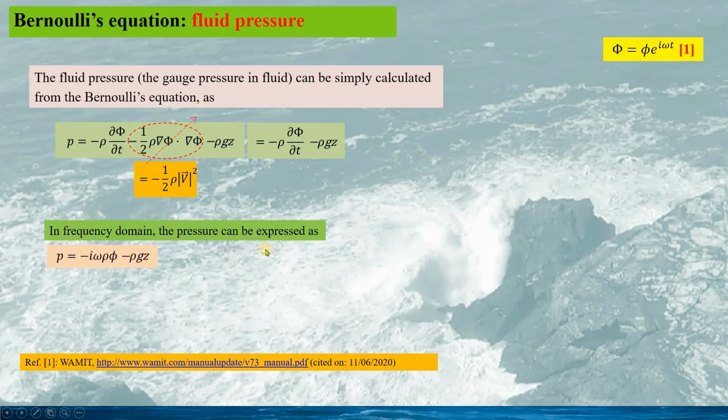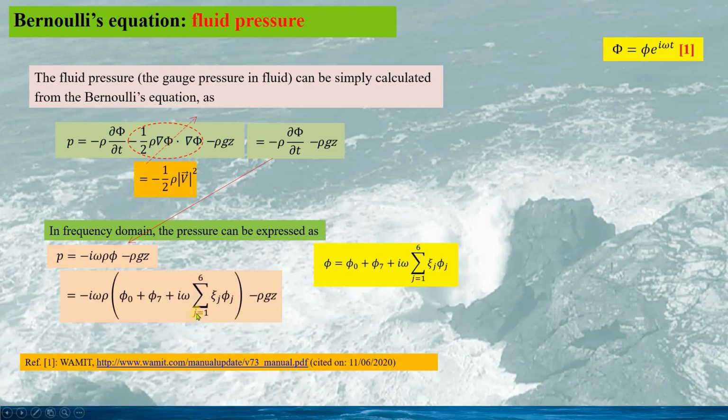So in frequency domain, the pressure can be given in this form from this expression. And if we employ the potential decomposition given in this form as we talked before, we can obtain the pressure expression given as this.